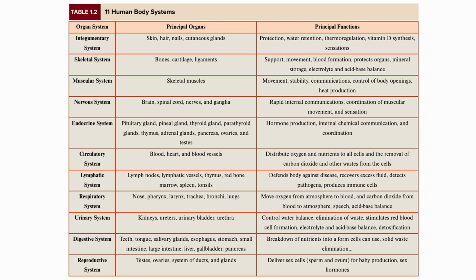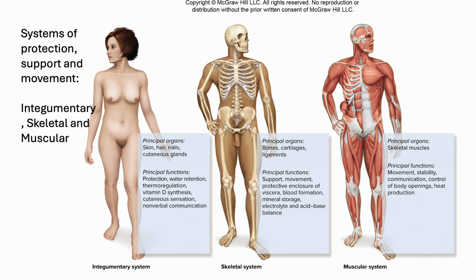We have the integumentary system, skeletal system, muscular system, nervous system, endocrine system, circulatory system, lymphatic system, respiratory, urinary, digestive, and the reproductive system. This is a table from your book, so this is what you need to know. But let's go through them in a little bit more detail.